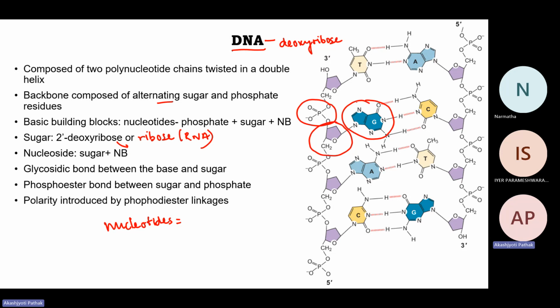And what is a nucleoside? If you remove the phosphate group, only the nitrogenous base and the sugar molecule remain, and this is called the nucleoside. What is the bond between a nitrogenous base and a sugar called? It is called the glycosidic bond, right?